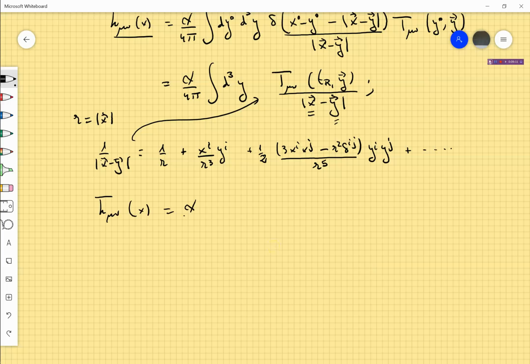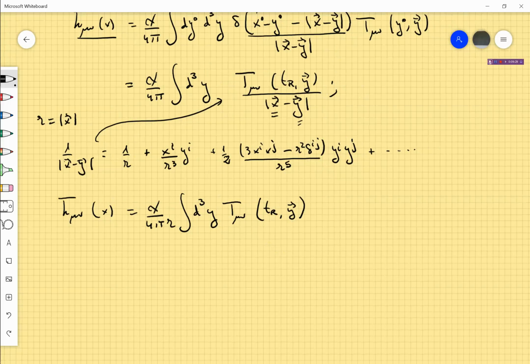So the first term will be χ over 4π. You take this 1 over r outside, and then you have the volume integral of T^μν evaluated at the retarded time and at y. This is the leading term, plus χ divided by 4π r cubed x_i and y^i T^μν at t_r and y.